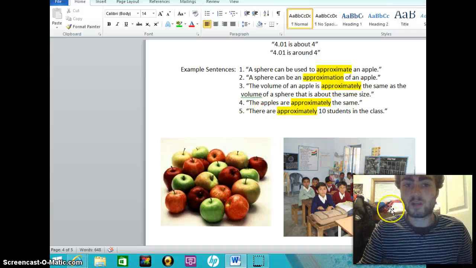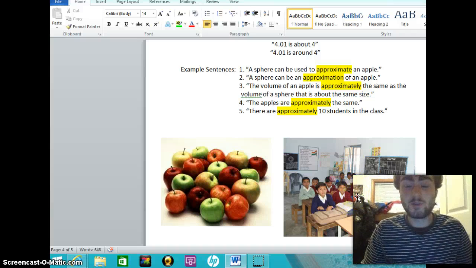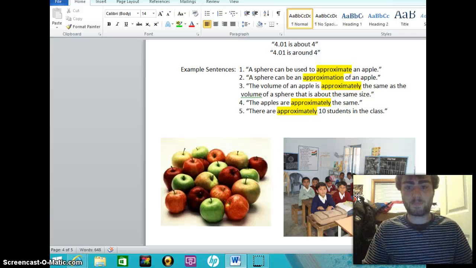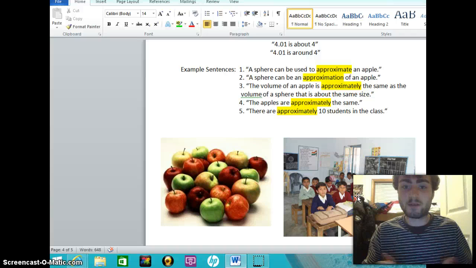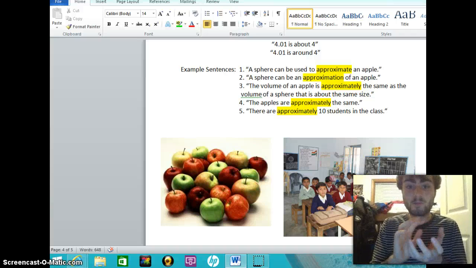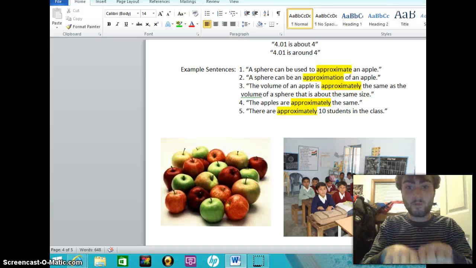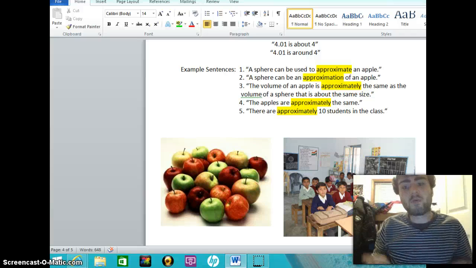When you look at this picture, you could say there are approximately 10 students in the class. There are not exactly 10 students, but it's about 10. So I want you to remember sphere, cylinder, circumference, and approximately.